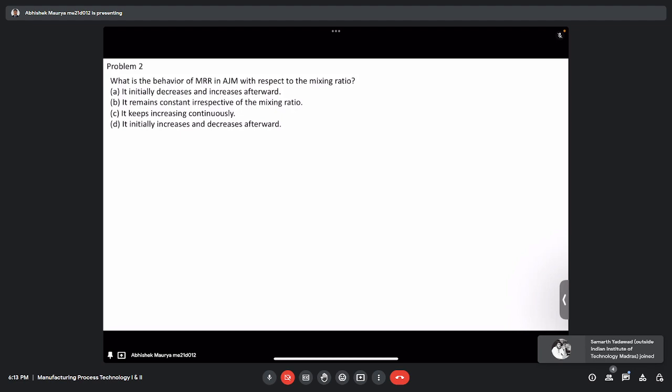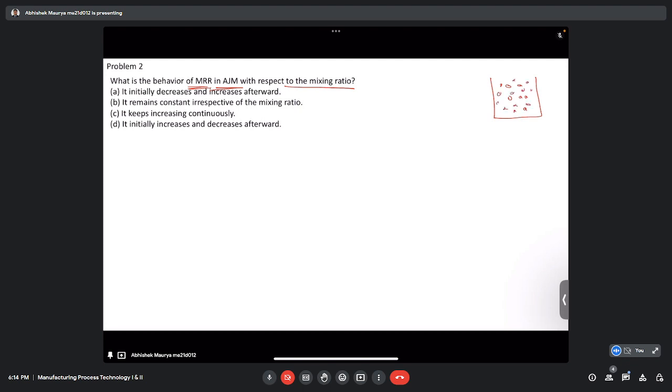So this problem is also related to abrasive jet machining, and here it has been asked about the MRR, or material removal rate, with respect to the mixing ratio. So first of all, let's try to understand what the mixing ratio is. As I told earlier, in abrasive jet machining we have some abrasive particles and we have some carrier medium.